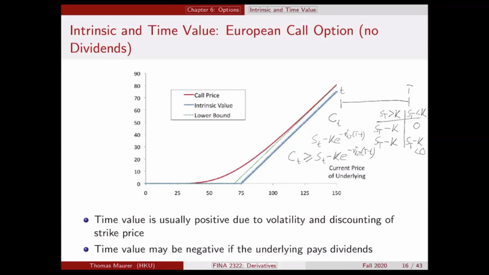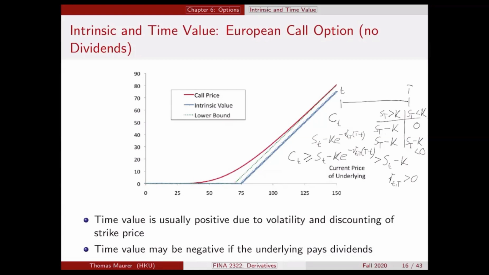Therefore, we have derived a lower bound of the call option, and notice that this lower bound is larger than S_t minus K, assuming that the risk-free rate is positive. And this is what I draw here with this green dotted line. That's exactly this S_t minus the present value of K or 0.